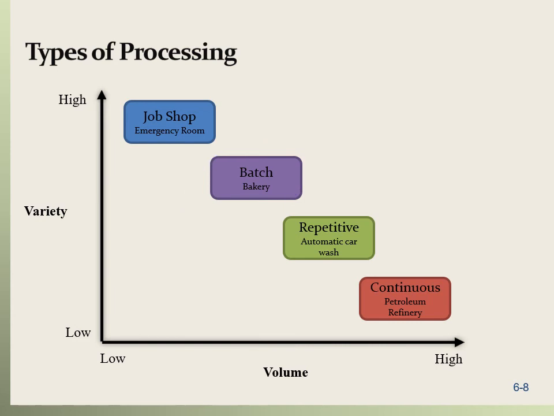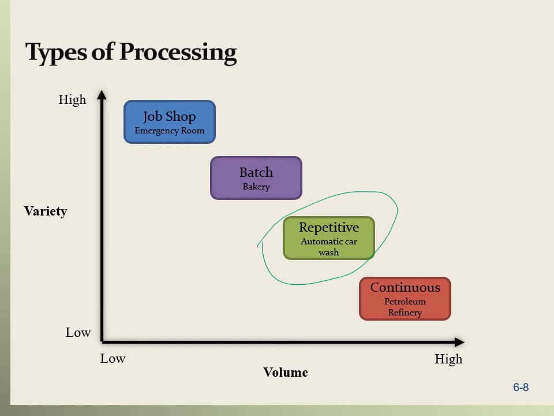Next, we have the repetitive type or the assembly line. In terms of volume, it's second after continuous, and in terms of variety, it's third after job shop and batch. So it's less capable than batch and job shop in the number of variety, but it's more capable than continuous.